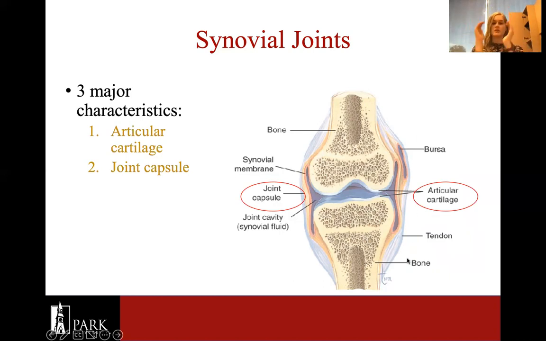It's going to enclose that gap or space in between where those two bones meet. And third, a synovial membrane, which is this purple color that you see filling out that cavity in between those two bones within that joint capsule. So all synovial joints will have these three characteristics: articular cartilage, a joint capsule, and a synovial membrane.